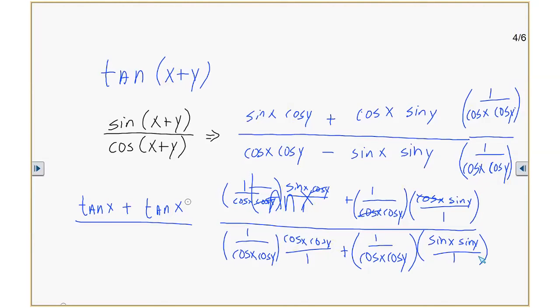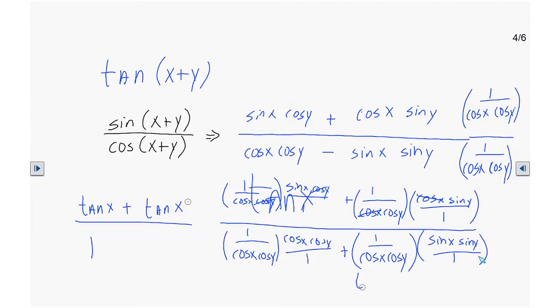You got the cosine of x, cosine of y over cosine, that's 1. So that turns into a 1 plus sine of x over cosine of x, sine of x over cosine of y. That turns into what?